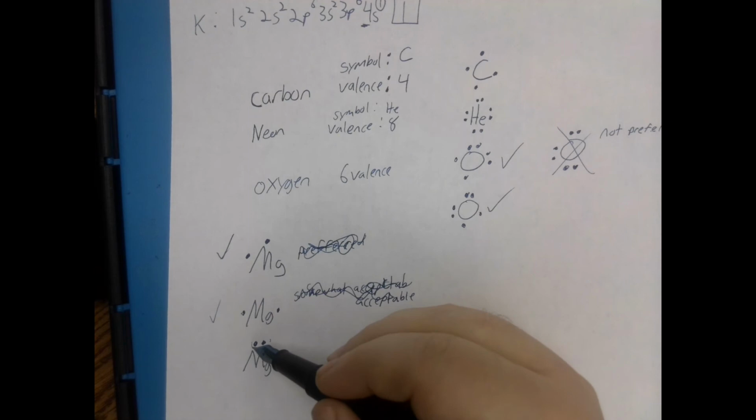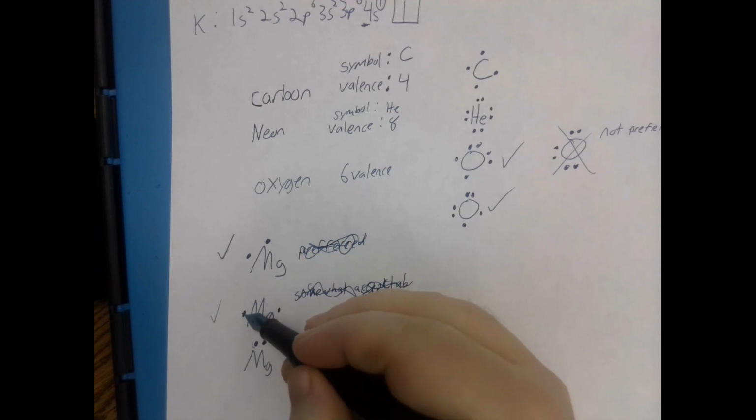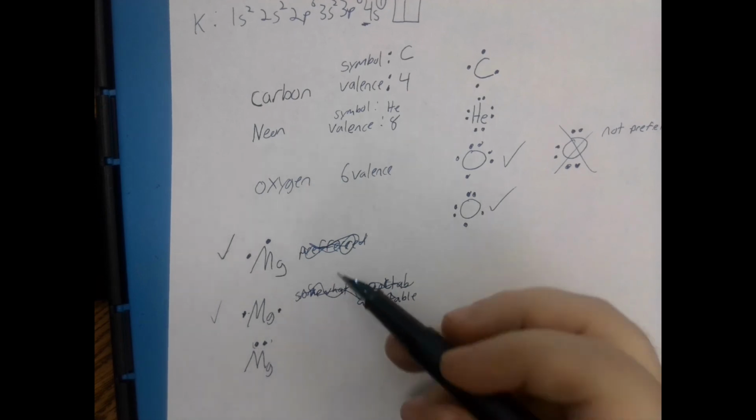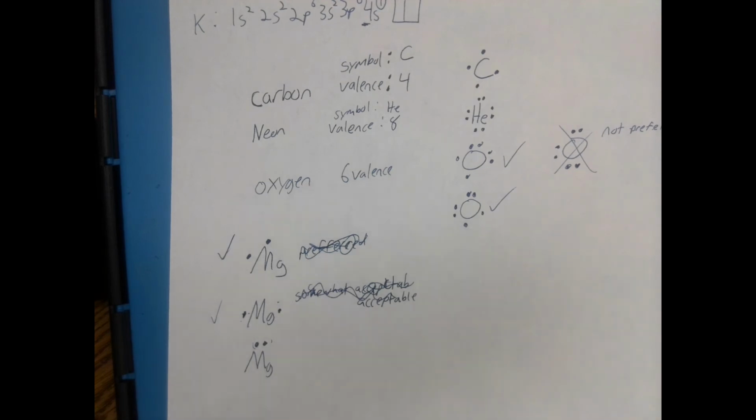This would be a pair, and pairs can be by themselves. Lone electrons are bad. We do not want electrons by themselves. What happens is that means something is going to come over here and fill these empty spots.